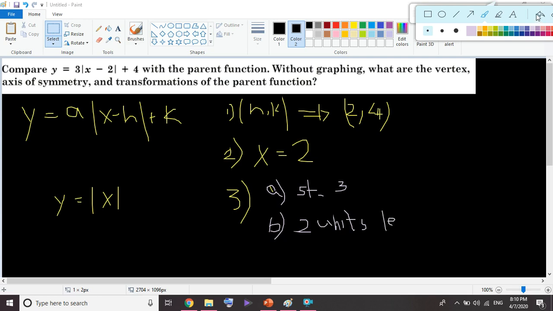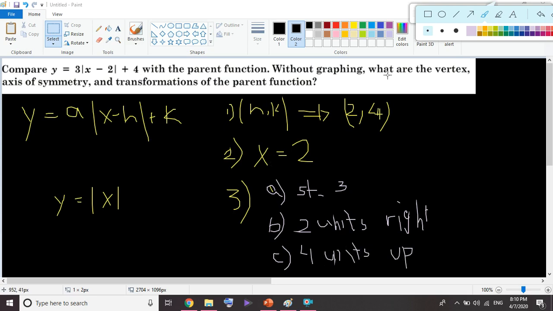No, 2 units to the right, because here it's negative, so it's going to be to the right. And the last thing we have here is 4 units upwards.